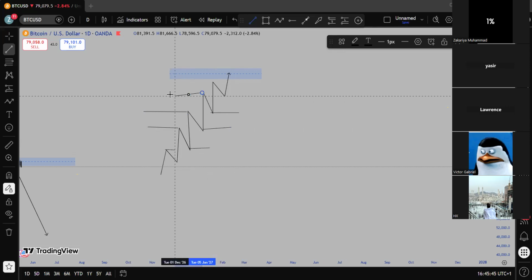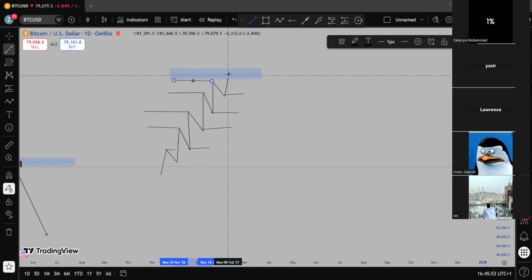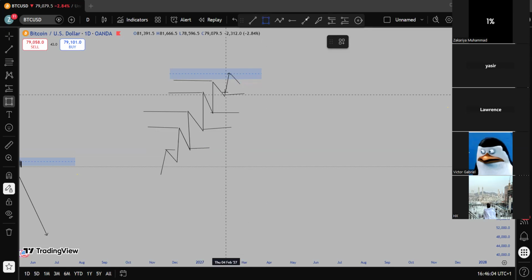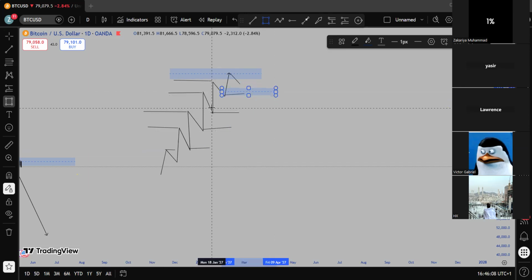Create a higher high, then we expect the market to create a new lower high before pushing to the downside. So we know that all of these two zones are order blocks that the market used to buy from.